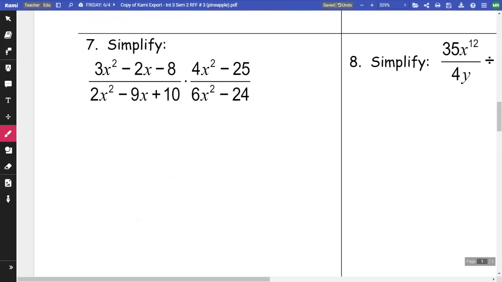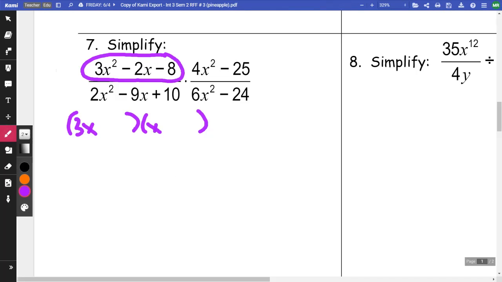On number 7, we're going to factor. You can do box to diamond. What I'm going to do is, this is this one right here, is what I'm working on. I know I'm going to have a 3x and an x because of the front. Now the back, that negative 8 is either going to be an 8 and a 1 or a 4 and a 2.